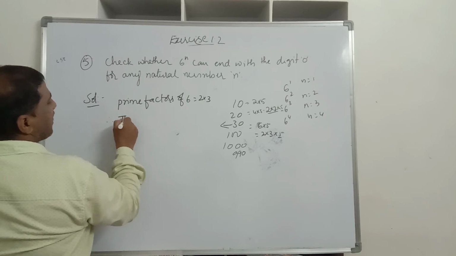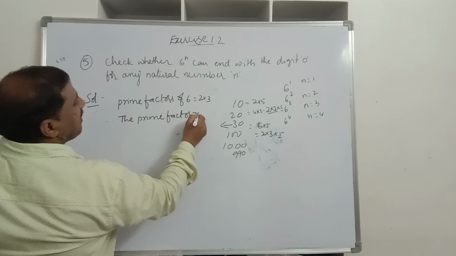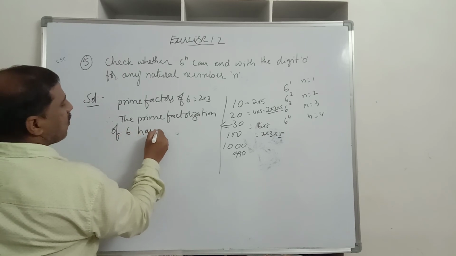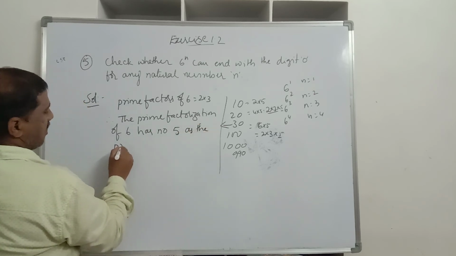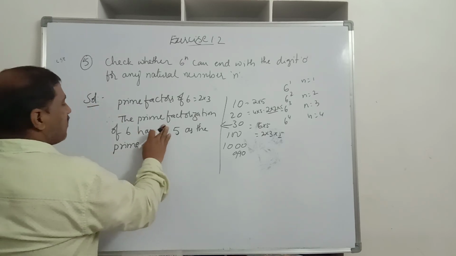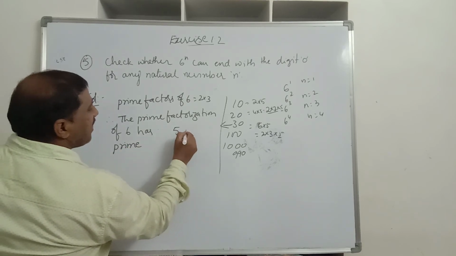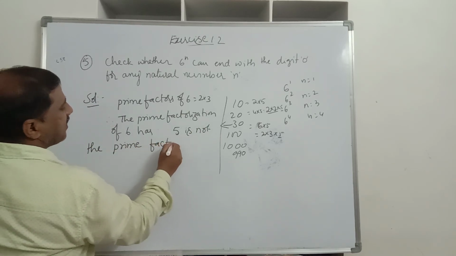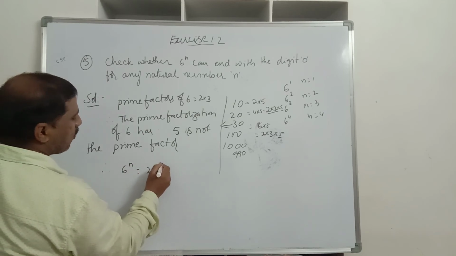Since the prime factorization of 6 has no 5 as a prime factor, therefore 6 to the power of n, that is equal to 2 into 3 whole to the power of n.